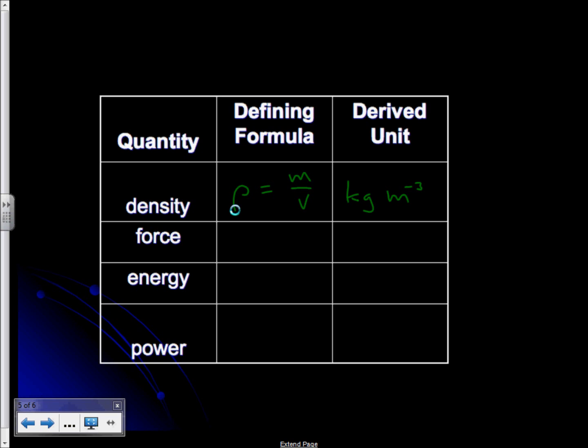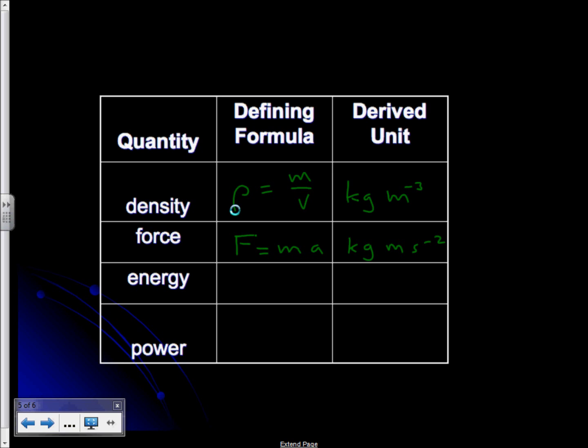Again, kilograms and meters are base units. So we've expressed the units of density as a derived unit in terms of 2 of the 5 base units. Force, the basic equation for force, mass times acceleration. So mass, kg, acceleration, meters per second squared. 3 base units used, that's the derived unit.